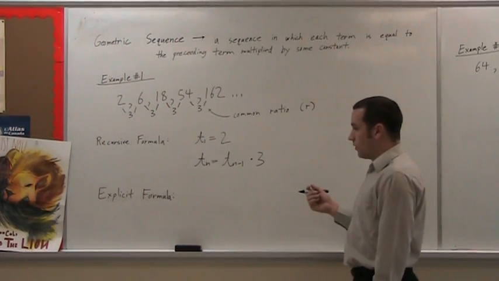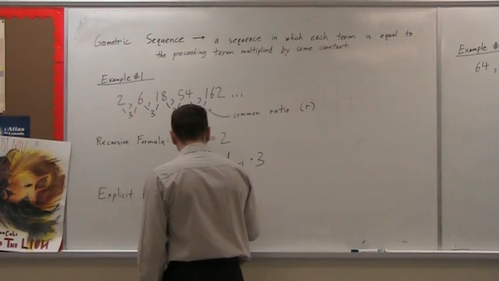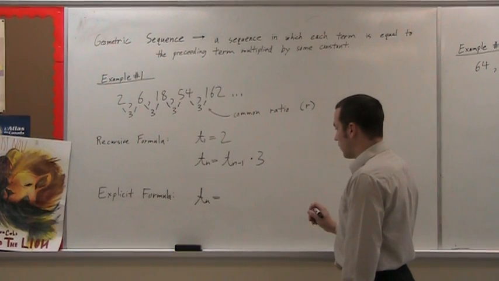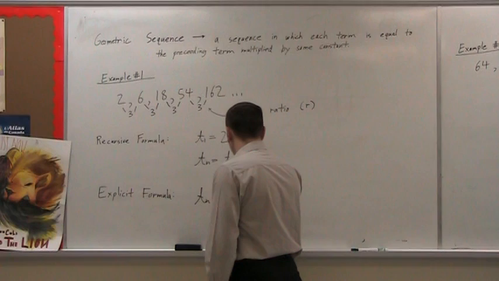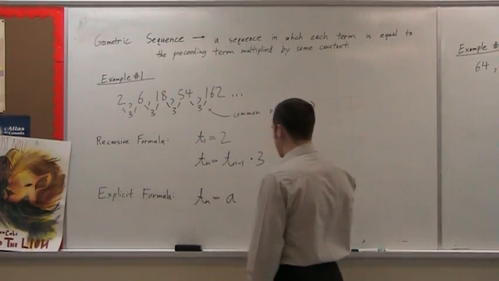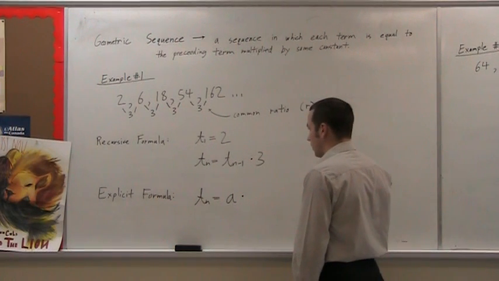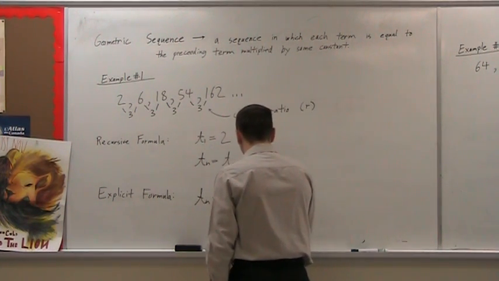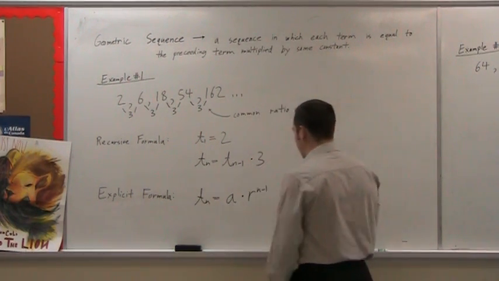For the explicit formula, it's going to be Tn equals, and the general formula for this one, which you'll be able to quickly work out, is a, that first term, times the common ratio, or the amount that we're multiplying by each time, to the power of n minus 1.